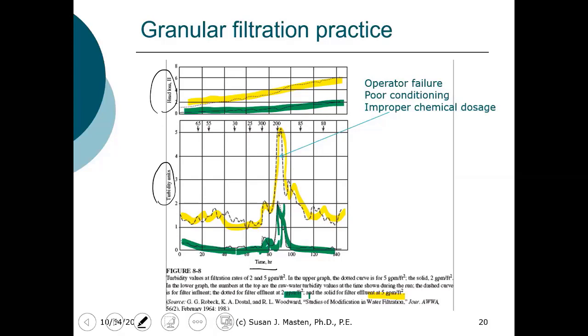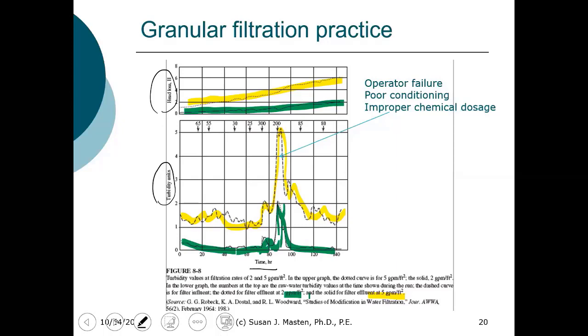A number of factors. One, perhaps there was a storm event. There's a slug of higher turbidity water moving through the system. The operator didn't notice that, so perhaps didn't increase the coagulant dose, or perhaps added either too much or too little chemical dose.